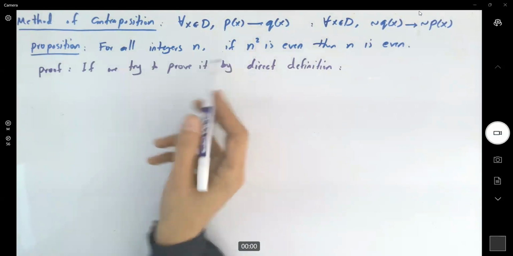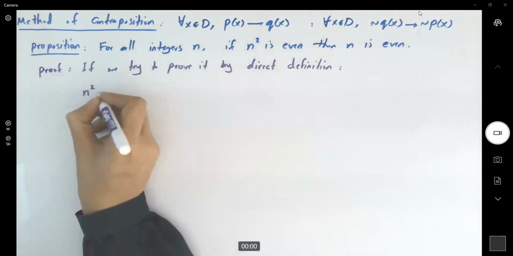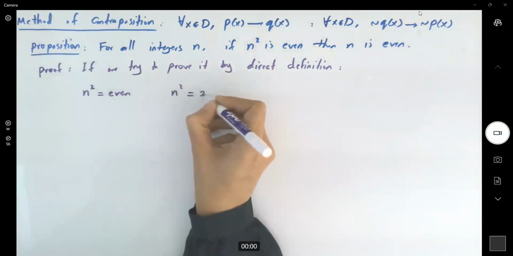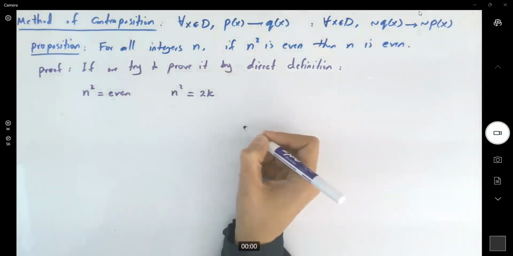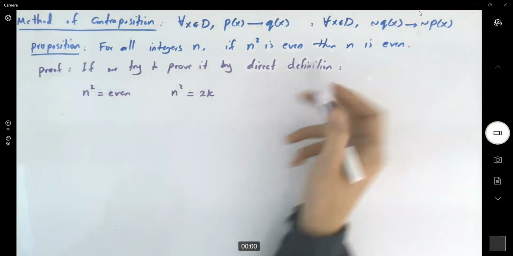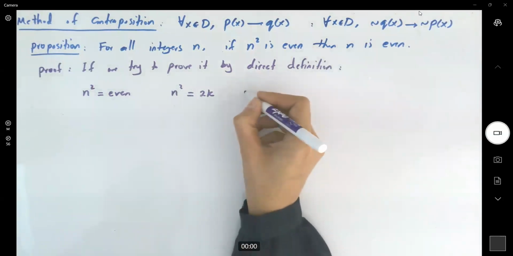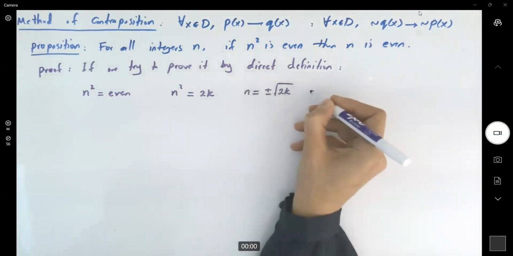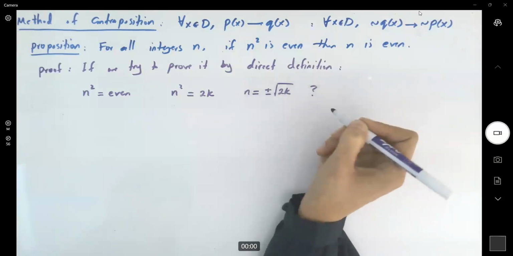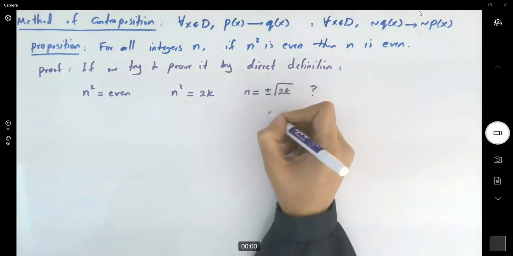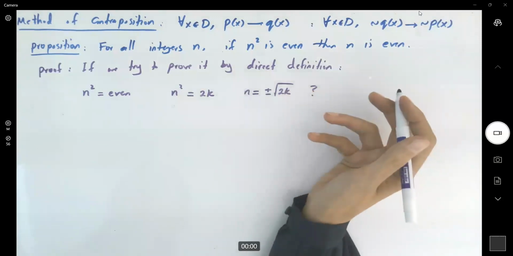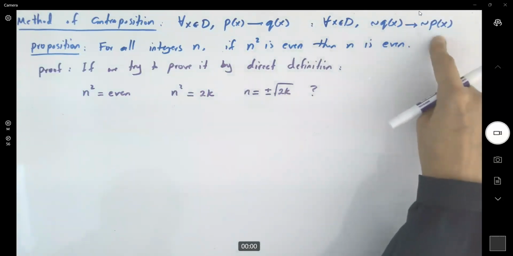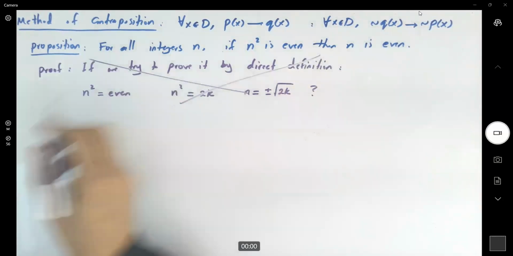For all integers n, if n squared is even, it means that you can find some integer k such that n squared is equal to 2k, for example. Okay, so now how do I show that n is even? So n is equal to plus minus square root of 2k. And then how do I show that n is even? I end up with a square root. Well, it's easier to use the method of contraposition.